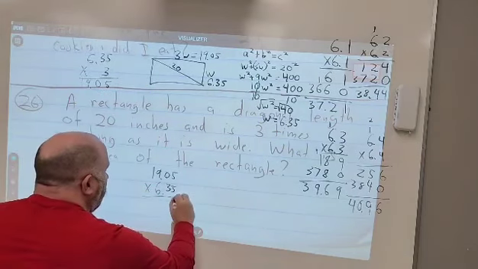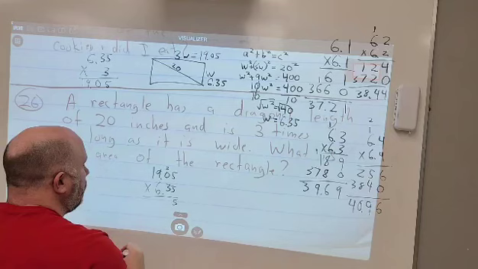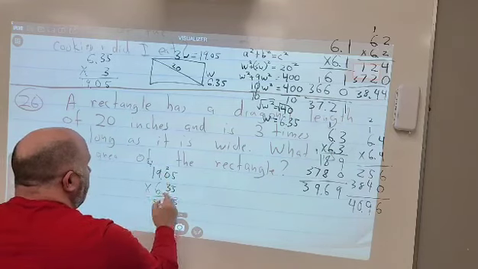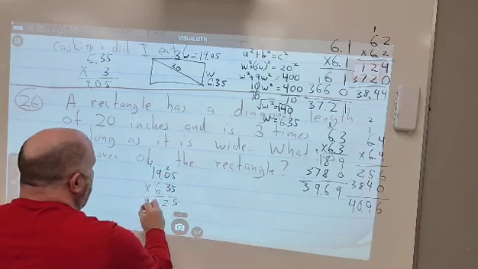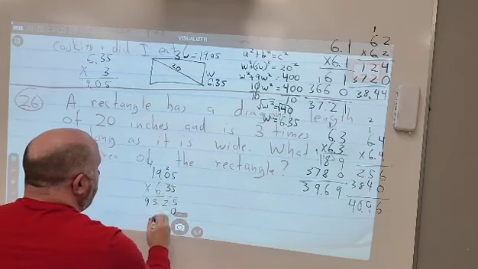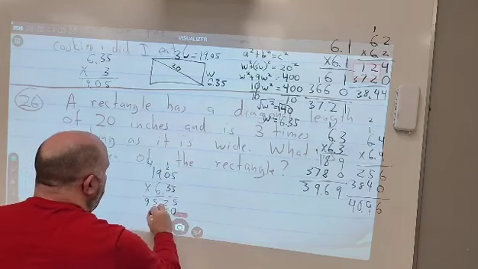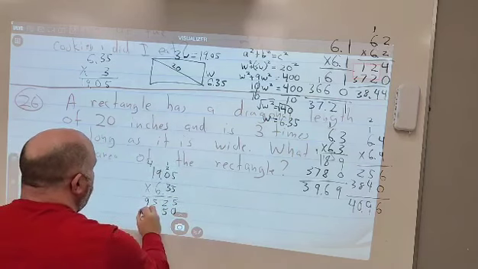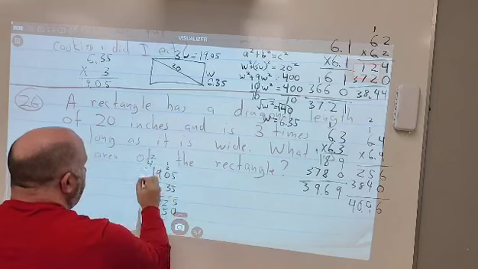5 times 5 is 25. Carry the 2. 5 times 0 is 0, plus 2 is 2. 5 times 9 is 45. 5 times 1 is 5, plus 4 is 9. 0 placeholder. Now 3 times everything: 15, carry the 1, 0 times 3 plus the 1, then 27.